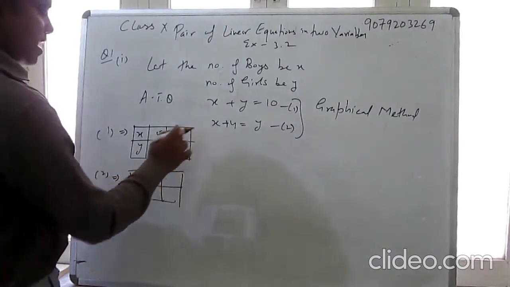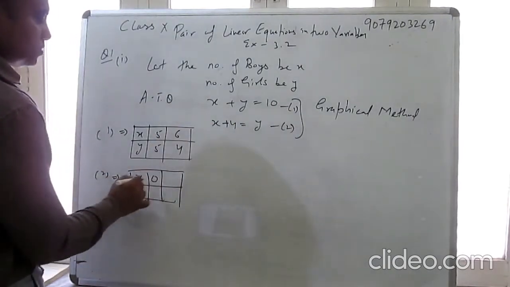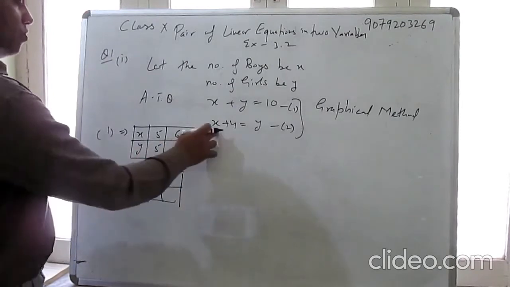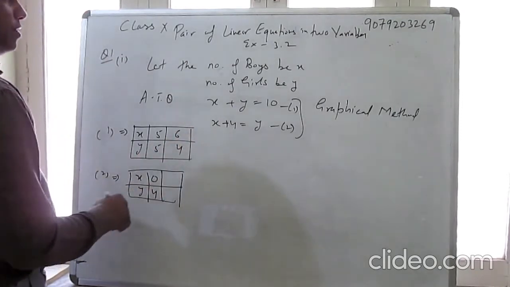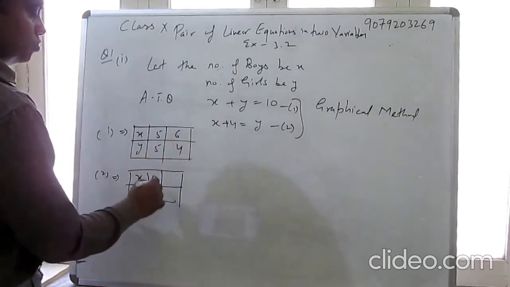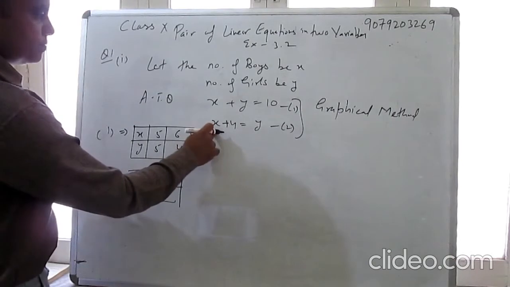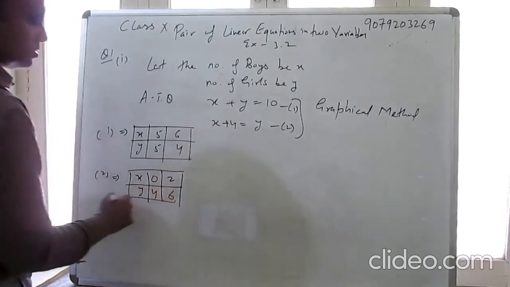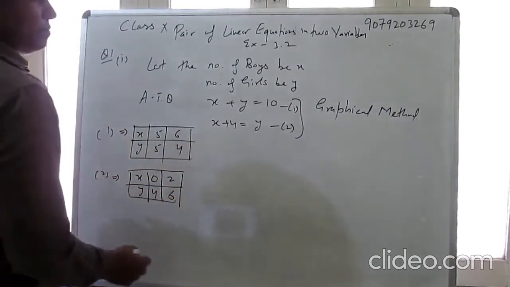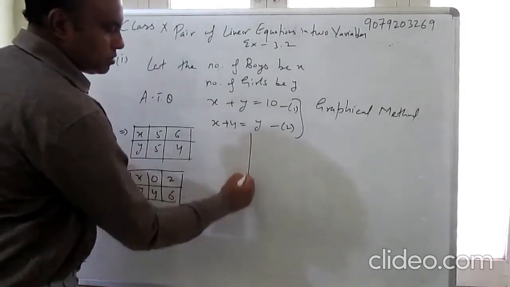If I take x 0, y is 4. If I take x 2, y is 6. Now, plot the points.